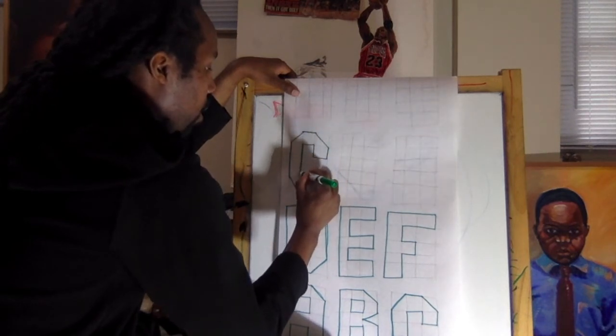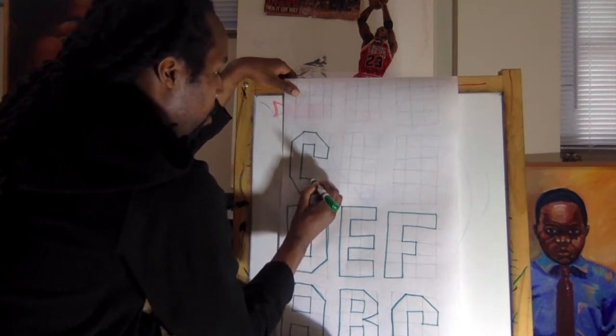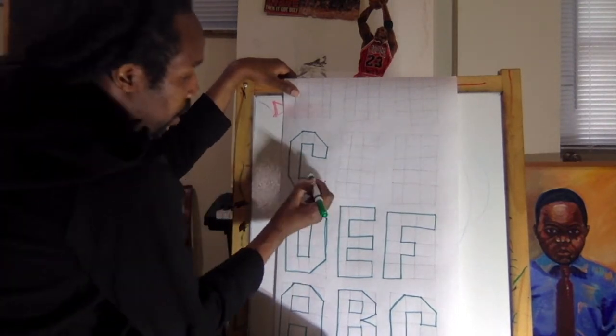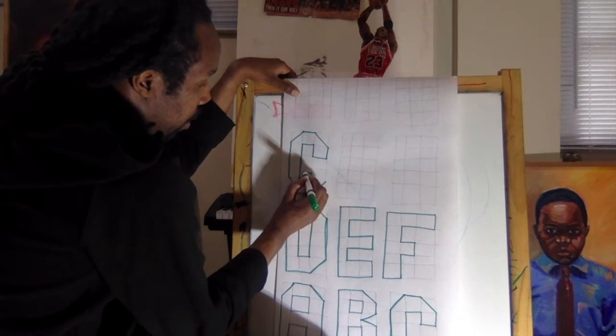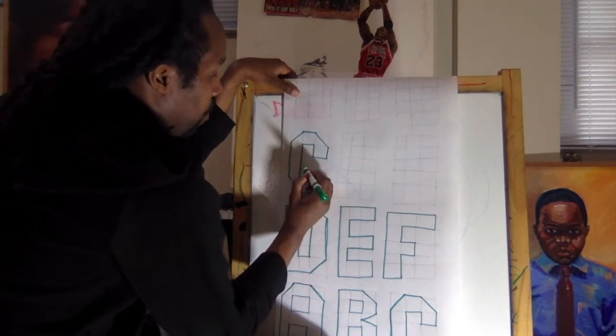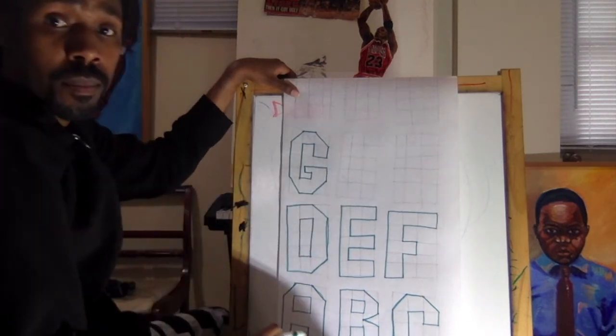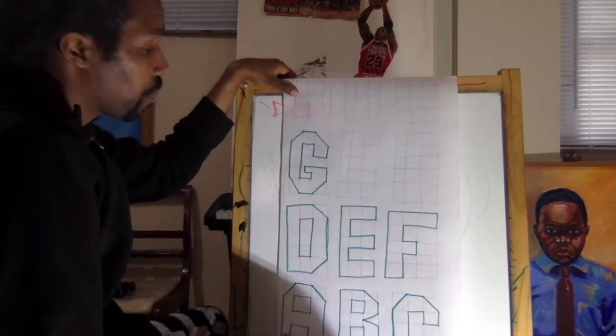We'll go in and come out, go in. Now here, we're not going to go all the way up to the top. We're just going to stop there in the end and then bring it in some. And you got your letter G.